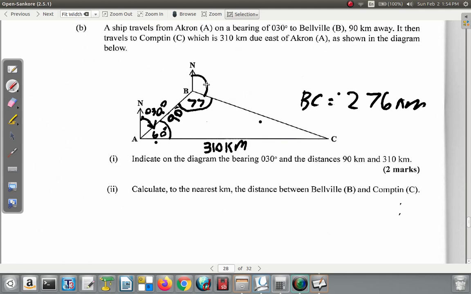Now, the bearing of C from B is going to be this angle, because you measure from the north in a clockwise direction. And when you say the bearing of C from B, B is where you draw the north line and you draw the arc. So we're going to find that.